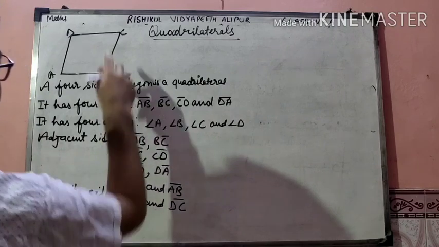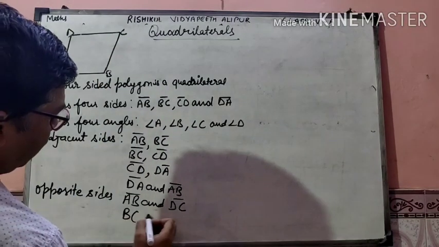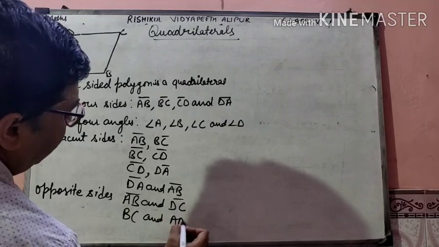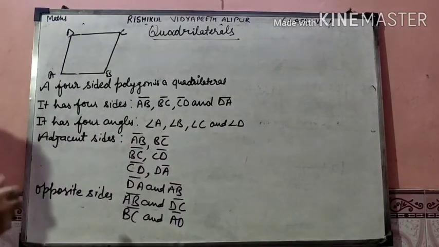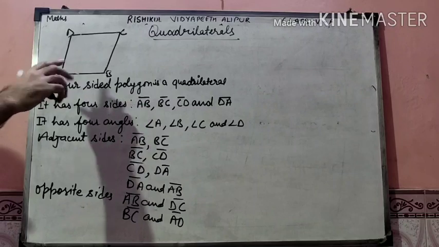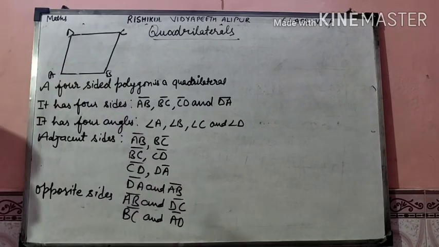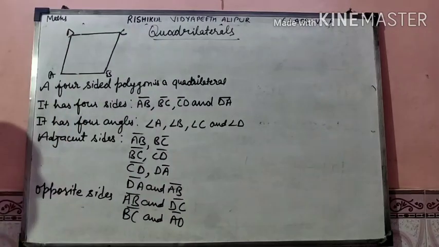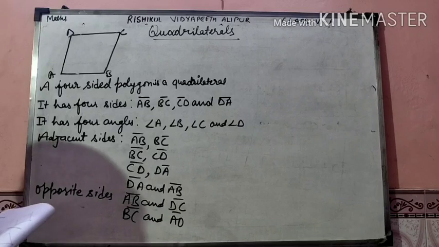And one pair more: BC and AD. Be attentive. AB, CD, BC, AD. These are opposite sides.